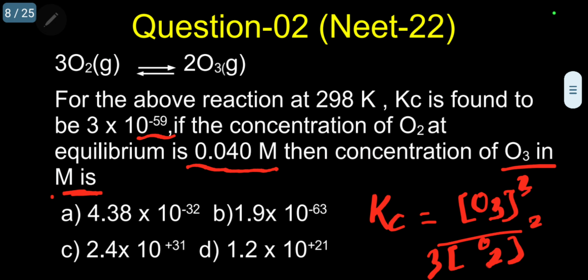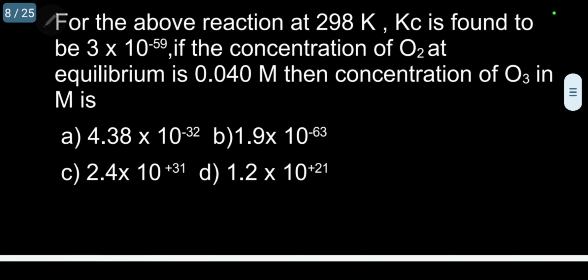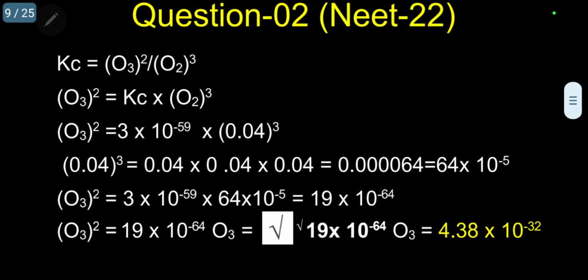So actually we will write like this: Kc equals concentration of 2 ozone, and this is the concentration of 3 O2. This is the equation. Let me show you how we calculate by substituting the values. First step: Kc equals O3 whole squared, the product, divided by the reactant O2 cubed.